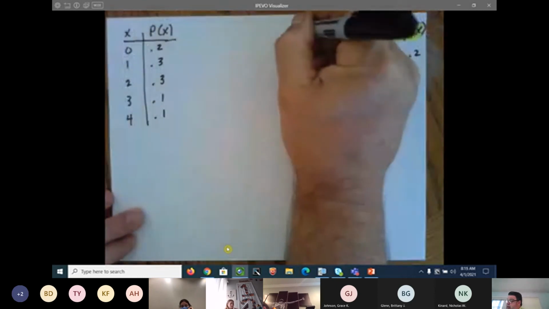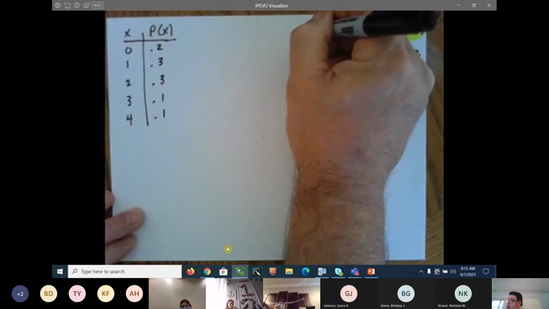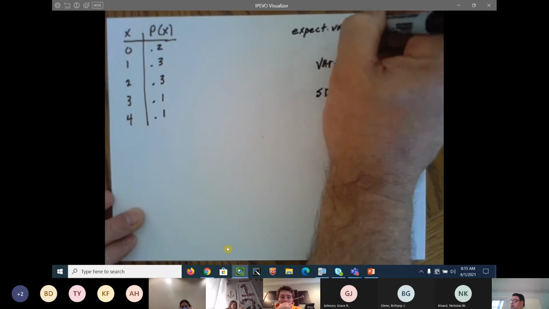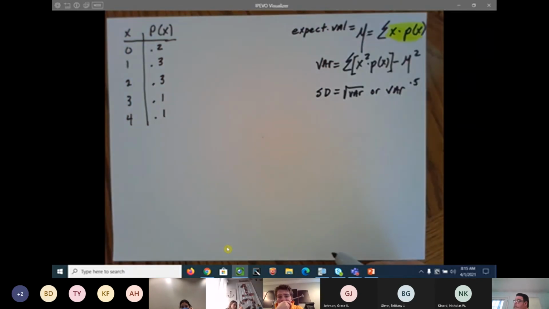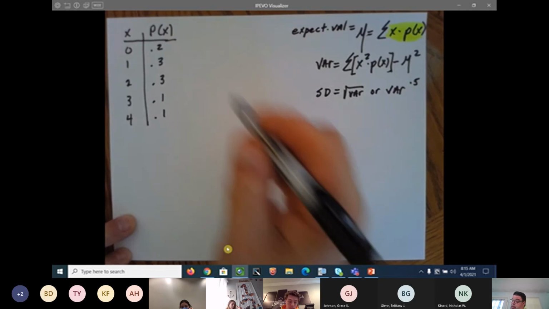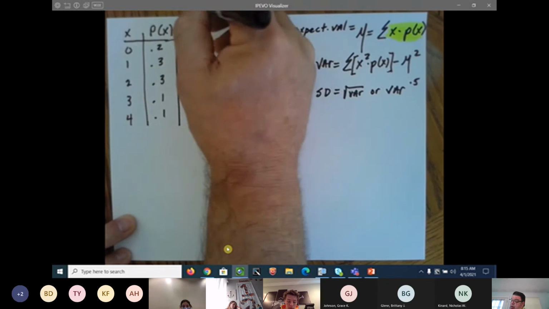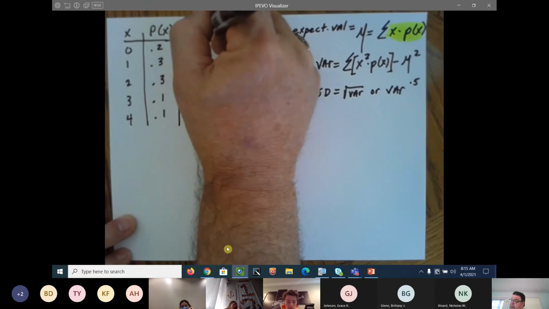So if you have a business type question having to do with money, profit, or gambling type question having to deal with loss or gain or success or failure, then it will be called expected value, but it's the same thing. So I'm going to take a column right here and I'm going to call it X times P of X.